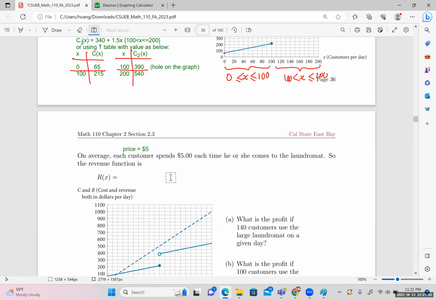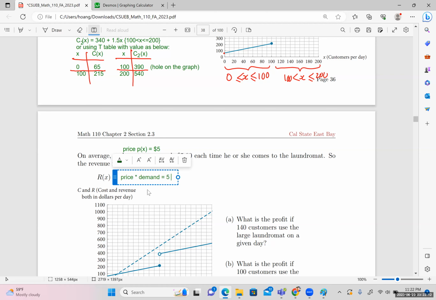So that means if you find the revenue function, it's going to be price times demand.